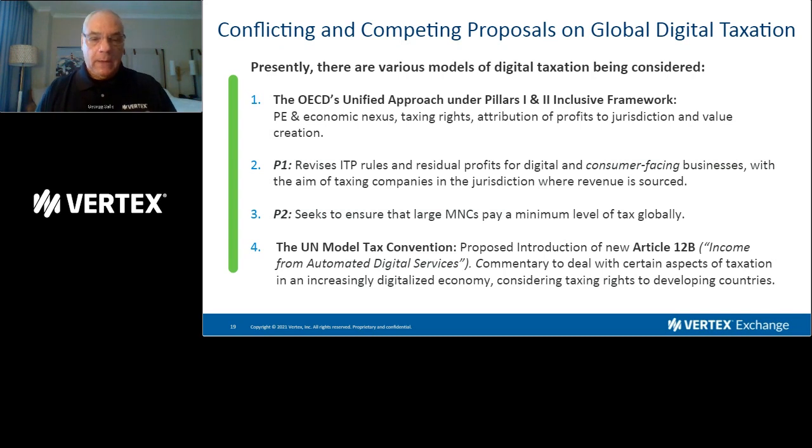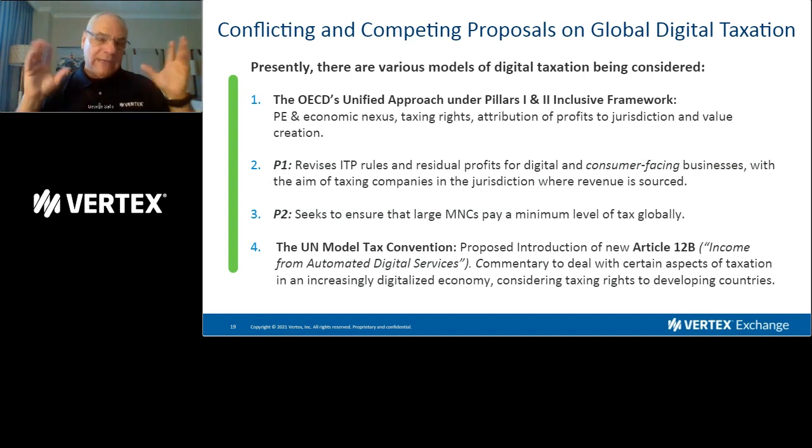I'm choosing my words carefully because under Pillar 1, take a look at the international transfer pricing rules. This is all based on transfer pricing or intercompany transfers, residual profits for digital and consumer-facing business, with the aim of taxing companies in the jurisdiction, as I said earlier, where the revenue is sourced and located and the value is created.